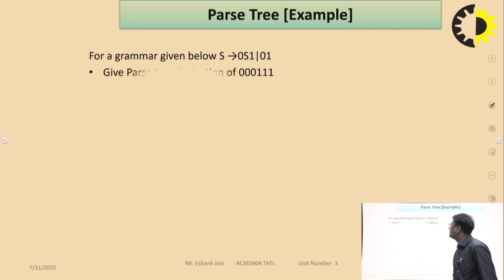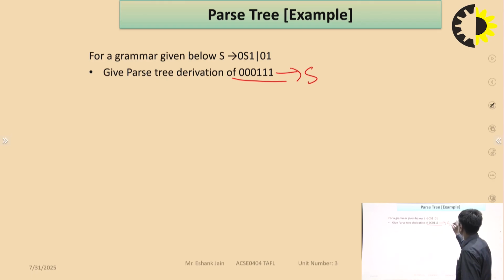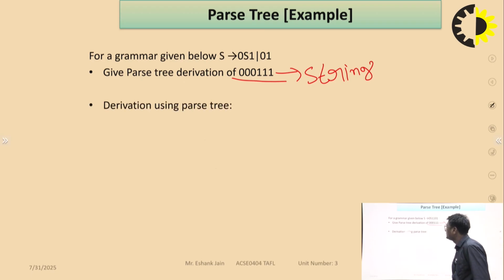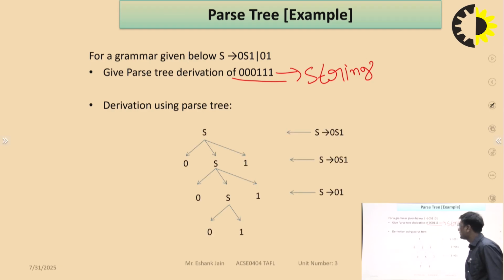This is a grammar; give the parse tree for the derivation. Now we can see how we can generate a parse tree for the given grammar for a particular string. We start with S. S contains two productions, number 1 and number 2.